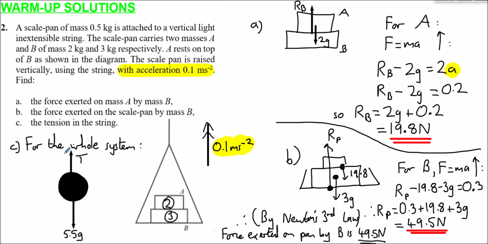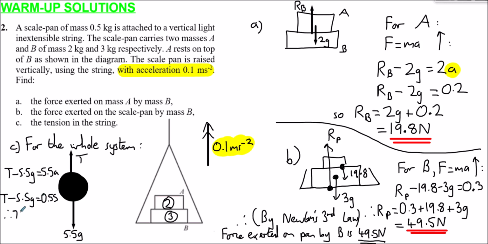For the whole system, the overall force acting up will be the tension minus 5.5g. That'll equal 5.5a. Of course, a is 0.1, so we can say T minus 5.5g equals 5.5 times 0.1, which is just 0.55.